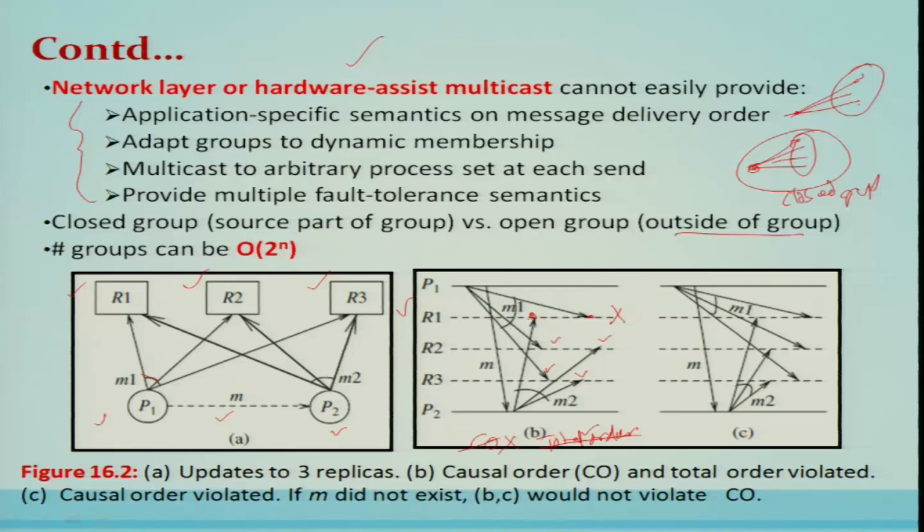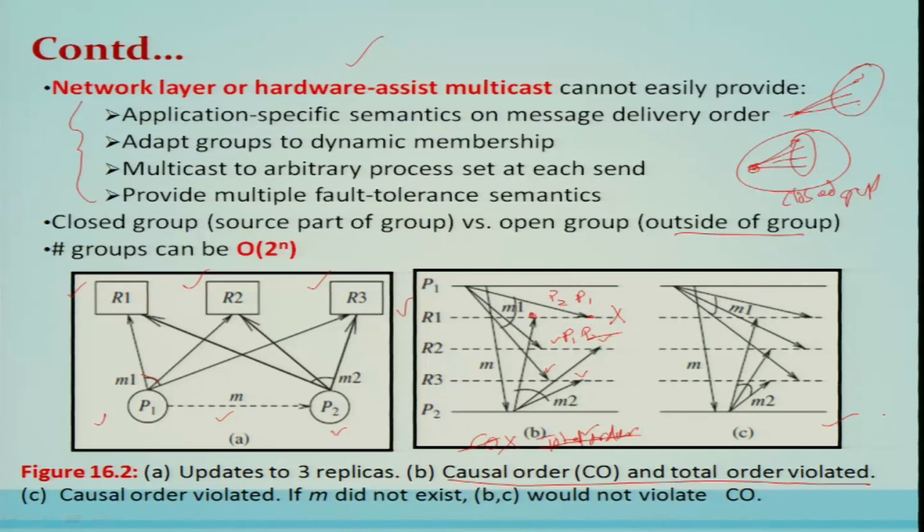So here you see that P2 followed by P1 is the order in which the requests are coming for the updates. As far as R2 is concerned, R2 will have another view, P1 followed by P2. So basically it is not having the total order as well. So causal order is also violated and total order is also violated.